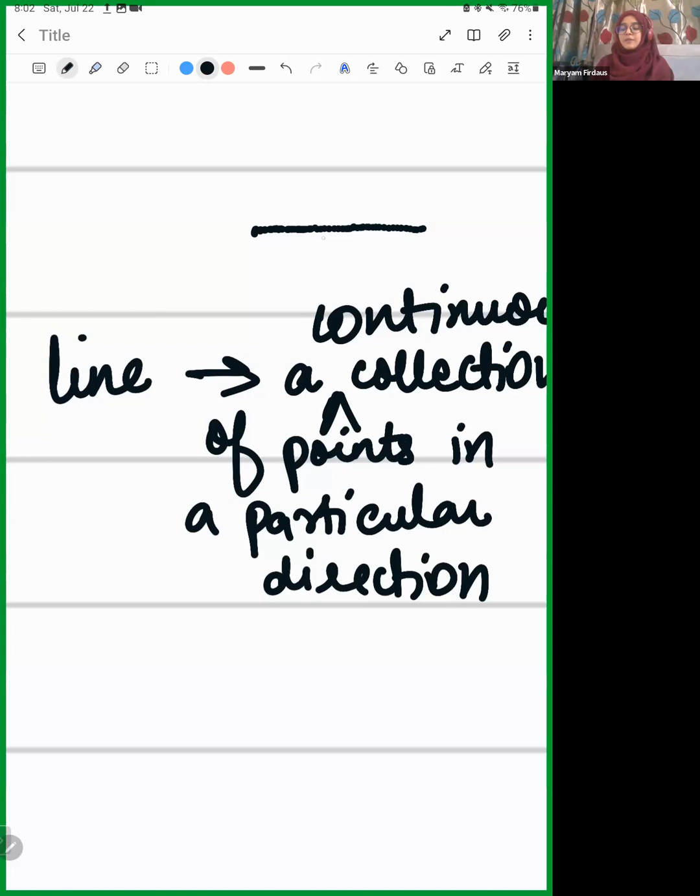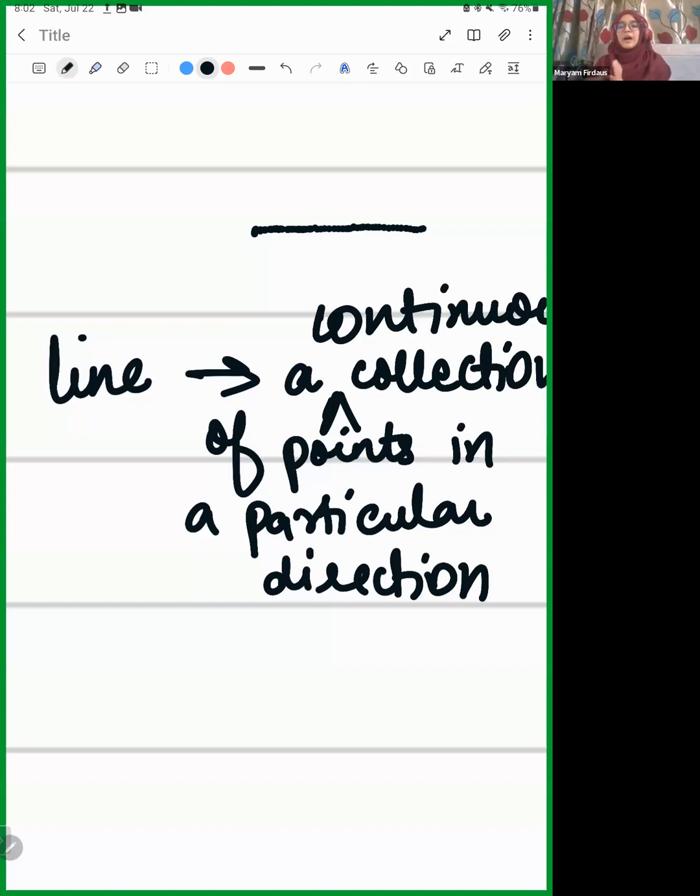If you keep on doing this infinitely, you never stop, then it becomes a line. But if you stop it over here itself, then this becomes a line segment.